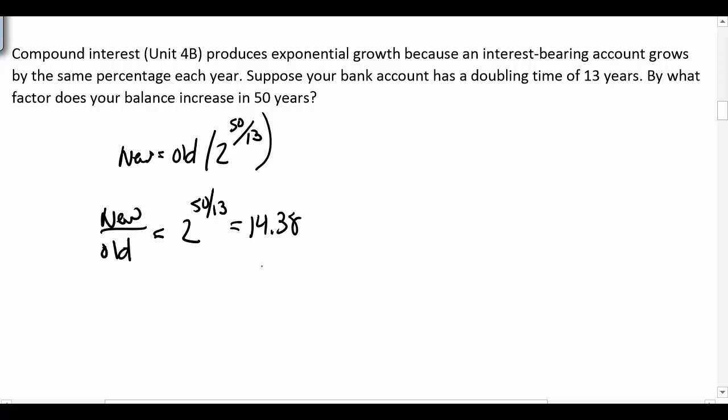So that would translate to 140%. Say I had $1,000 to start off with, then I could multiply that by 14.38, and I would have $14,382 when all said and done. So about 144% growth in that given time.